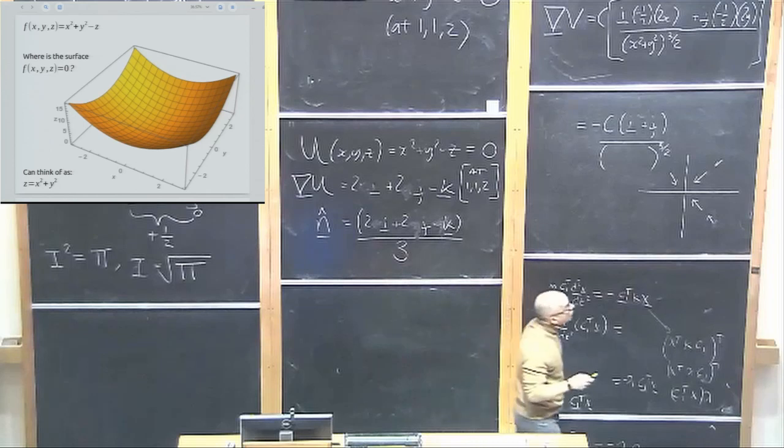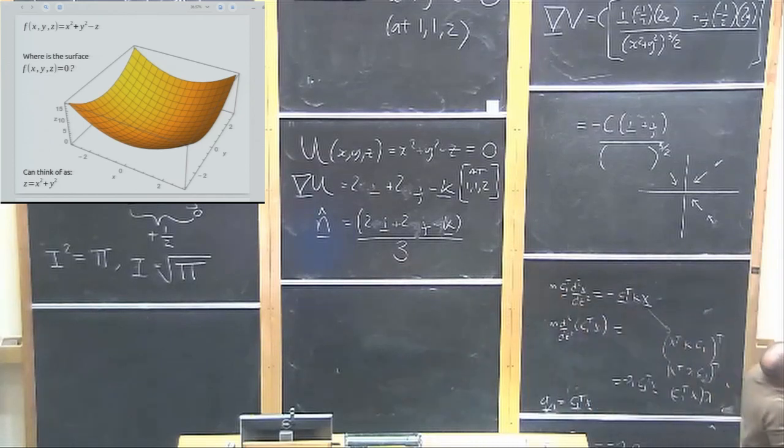So, where is this surface of x squared plus y squared minus z equals 0? I can also plot this surface, and of course you'll have noticed that I can just consider this surface to be a two-dimensional surface as a function of x and y. Since we have a 0 there, it's easy to do the substitution.